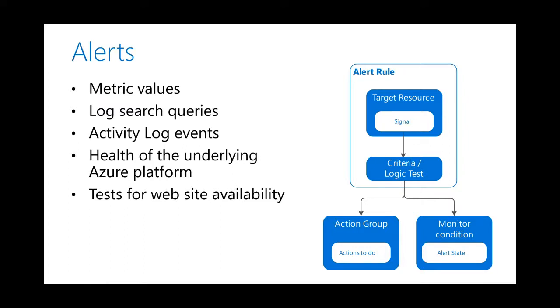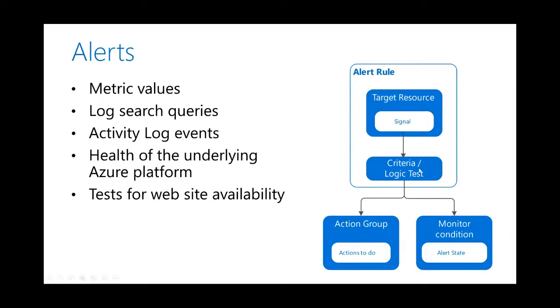For instance, an alert rule can be: if CPU is over 70%, do something. You have this criteria where you can say the CPU percentage is more than 70%, or server response time is bigger than, I don't know, 4 milliseconds.